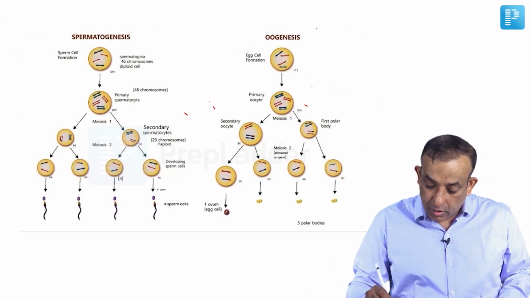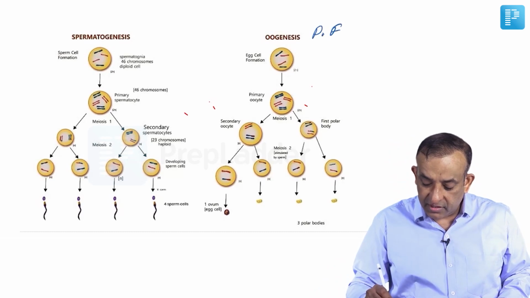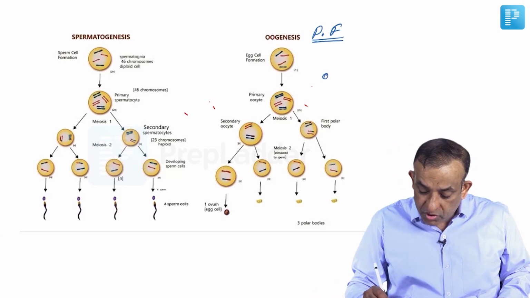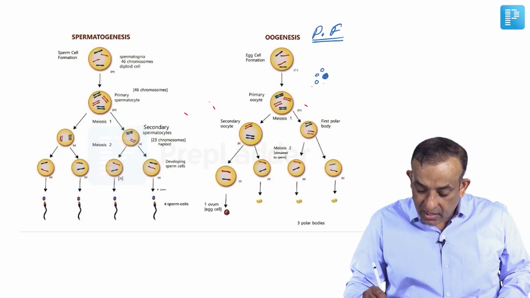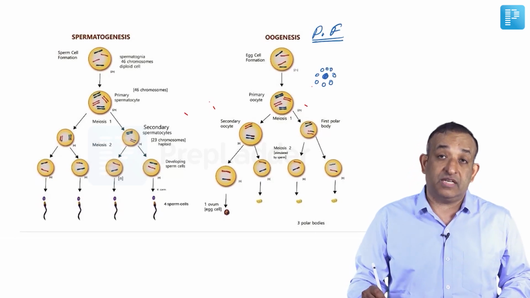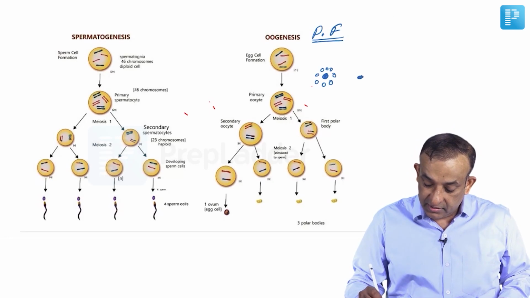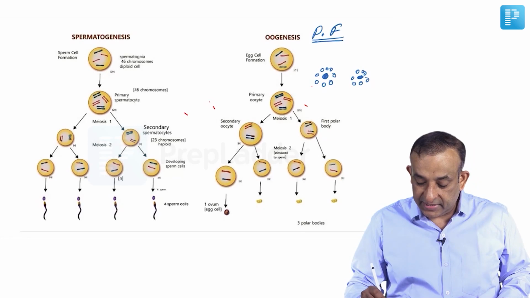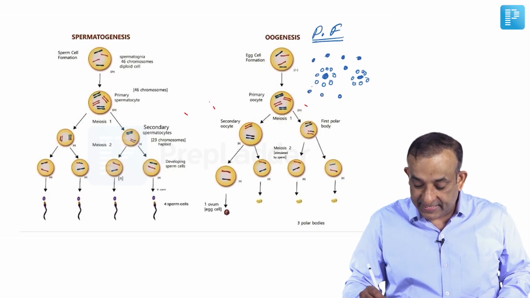I told you there are a lot of primordial follicles, the primary oocyte. So most of these oocytes degenerate, but some oocytes get a protective cover by granulosa cells. See this oocyte, granulosa cells. So those oocytes which have a granulosa cell covering, they get protected.